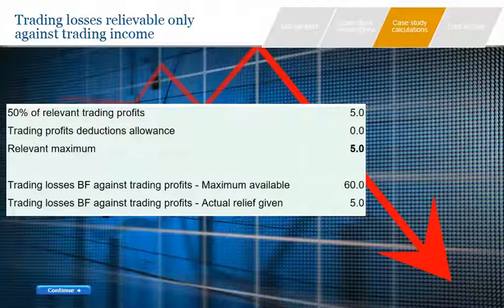The trading profits deduction allowance has already been given a 0 allocation by the company, therefore the relevant maximum is also 5 million. There are 60 million of brought forward trading losses available for relief against trading profits. This means that the maximum permissible deduction is not restricted by the size of the available carry forward losses and is therefore £5 million.